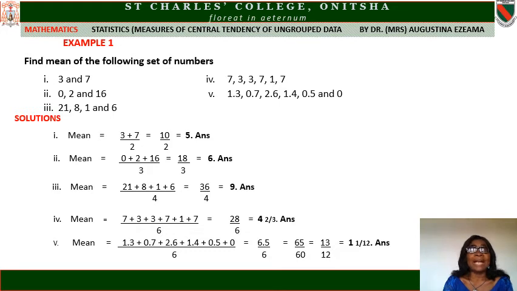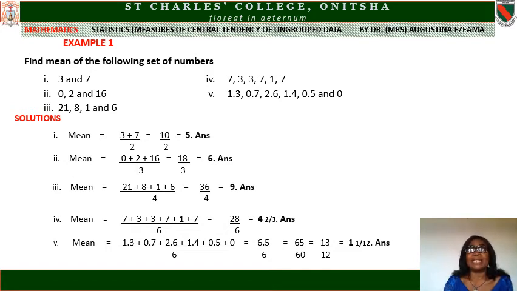Let us now look at the solutions. In the case of 3 and 7, we have two numbers, so you divide by 2. So 3 plus 7 all over 2 is equal to 10 over 2, which is 5.